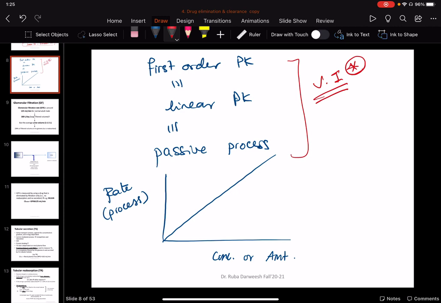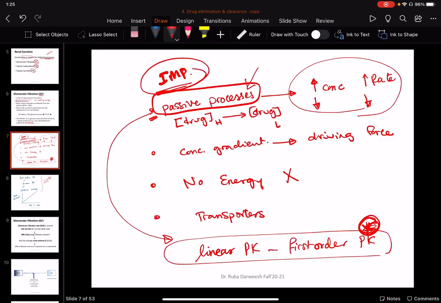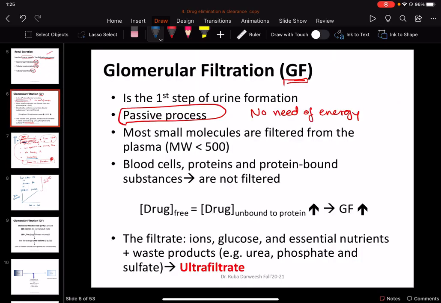Okay, let's go back to the glomerular filtration. Usually, when we are talking about passive processes, we are talking about drugs moving through the membrane without any transporters or carriers. So that's why the molecular weight is very important.